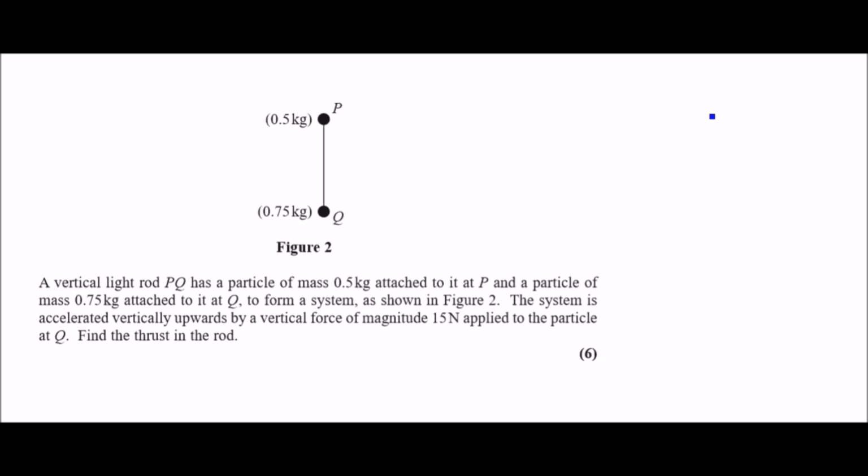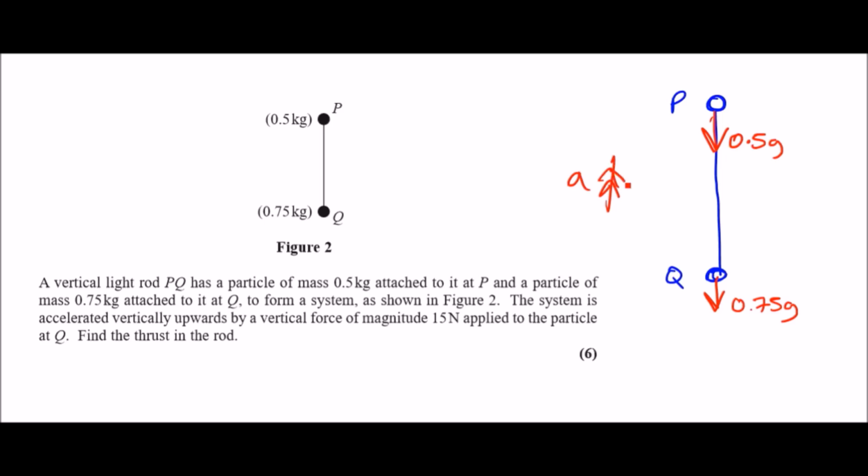So first things first, redraw the system here. We should have P and Q down here. And just to put the weights back in, we know that at particle P there is a mass of 0.5 kg, so 0.5g, and at Q there is a mass of 0.75 kilograms, so 0.75g. We also know that the system is accelerated vertically upwards, so let's do the acceleration sign pointing upwards.